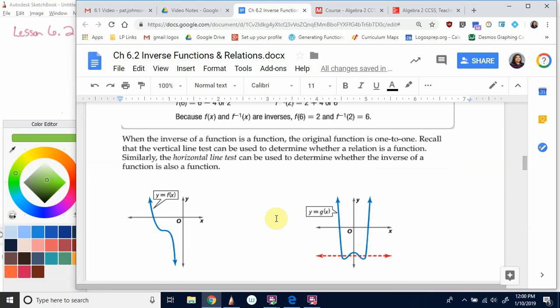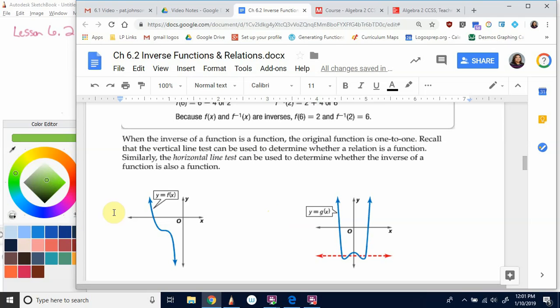Okay, so when the inverse of a function is a function, the original function is one-to-one. This goes way back to the beginning of the year. Recall we can use a vertical line test: if it only goes through once, then the relation, graph, or equation is a function. Similarly, we can do a horizontal line test to see if the inverse is a function.